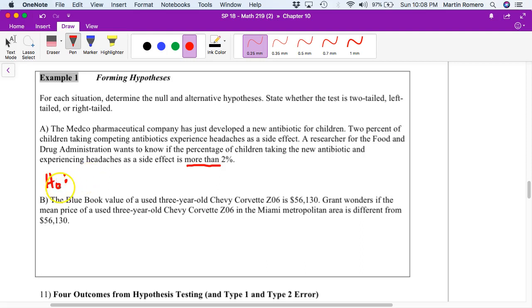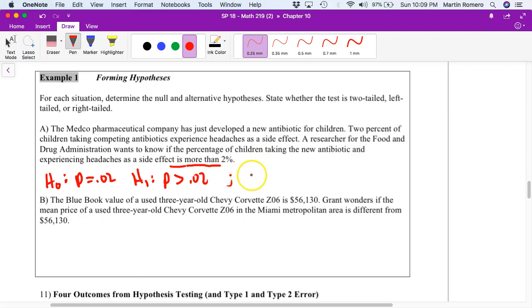The null hypothesis is that there's no effect, nothing's happening. So we would say that P is equal to 0.02. The alternative is that P is greater than 0.02, using this language here.